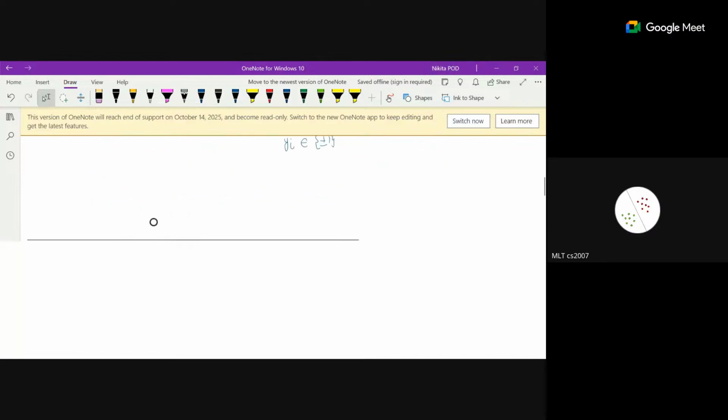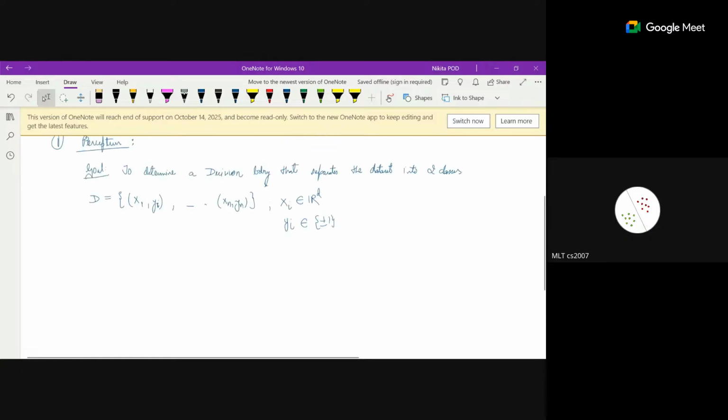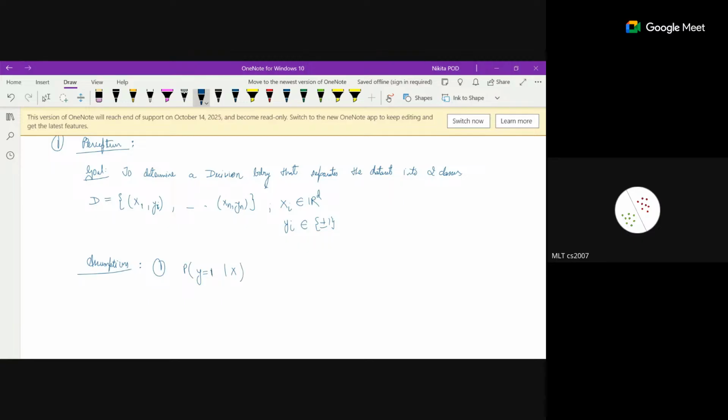So for the perceptron algorithm, what are the assumptions that we make? The very first assumption is that the probability, given x, that y takes the value 1 is equal to 1 if w transpose x is greater than or equal to 0, and 0 otherwise, right?